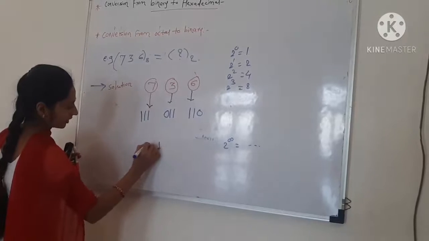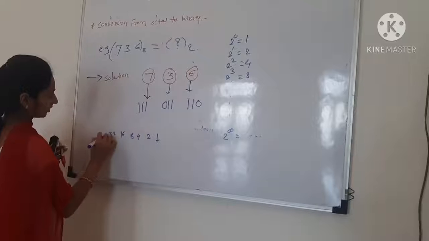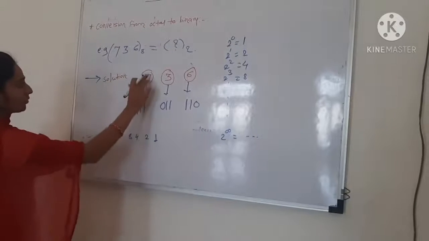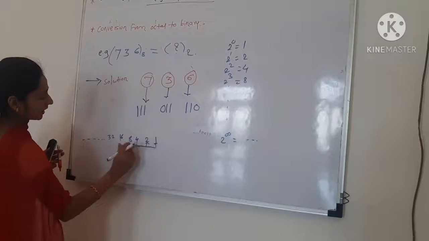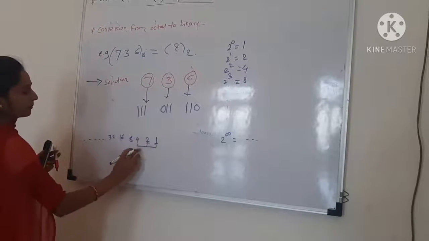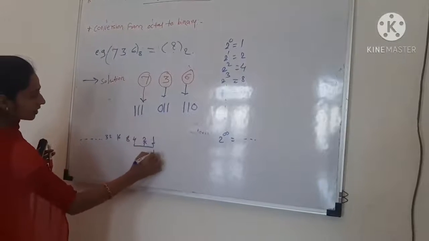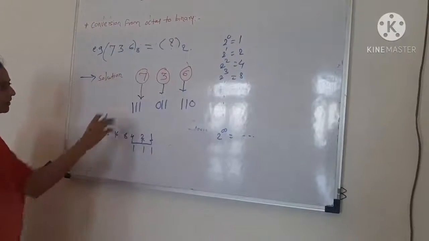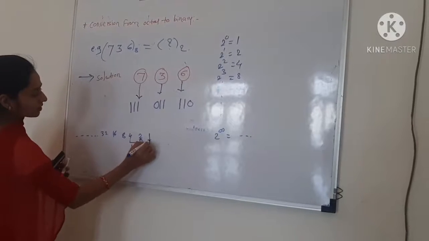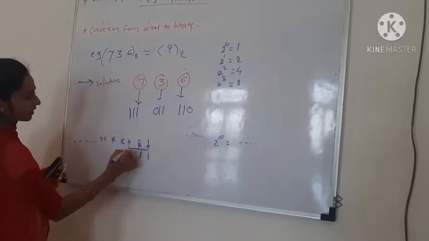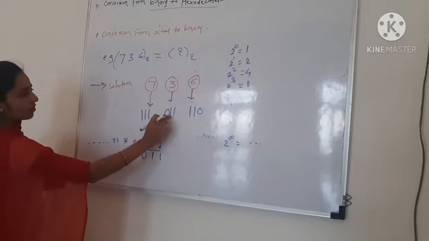These values are written here: 1, 2, 4, 8, 16, 32 and so on. 7 is 4 plus 2 plus 1, that is 4 plus 2 is 6, plus 1. That means those position bits will be 1, so that's why we have written 1, 1, 1. After that, how does 3 come? It is the addition of 2 plus 1, so only these two bits will be 1 and the third bit will be 0. That's why we have written 0, 1, 1.